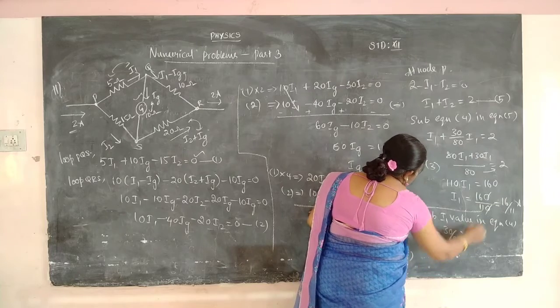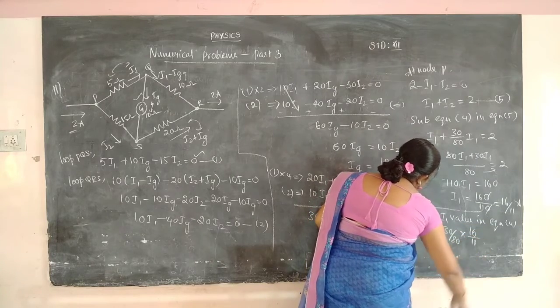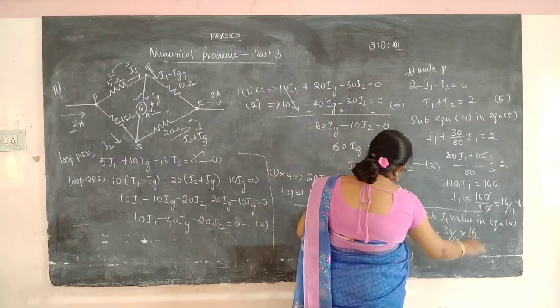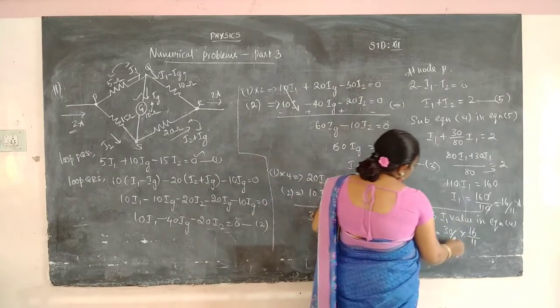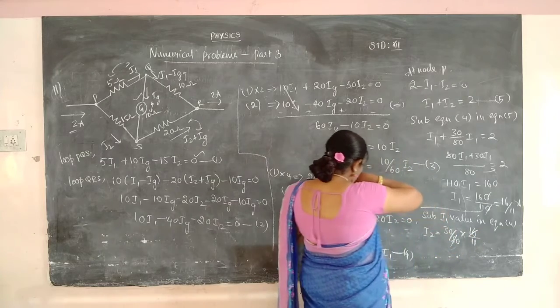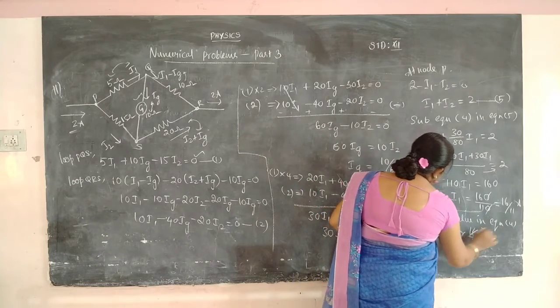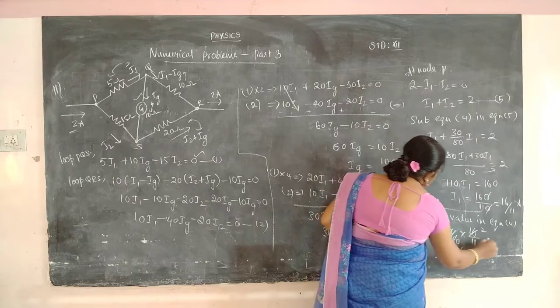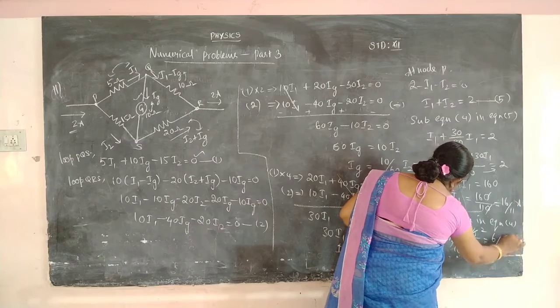What is the I1 value? 16 by 11. So 30 by 80 into 16 by 11. 2 8s are 16 and 10 8s are 80, the 0s cancel. So 6 by 11 ampere.